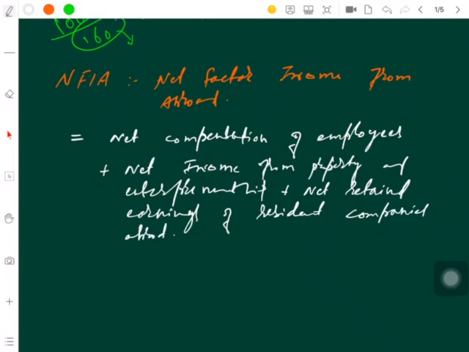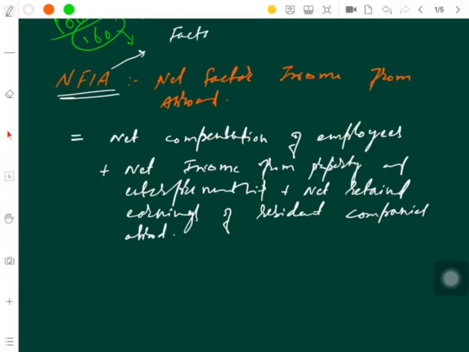So we will use all these things together, but for the time being you have to keep a very small thing in mind, that NFIA, that is net factor income from abroad, is factor income. I'll write it on top of the screen here.